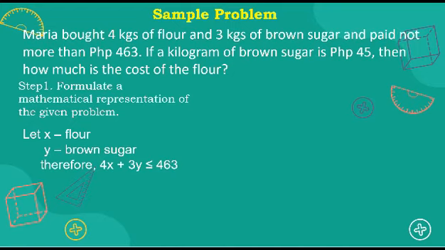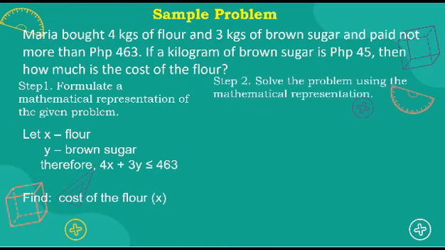since we encountered the words not more than. So we will find the cost of the flour x. Step 2, solve the problem using the mathematical representation. We have the given inequality 4x + 3y ≤ 463.